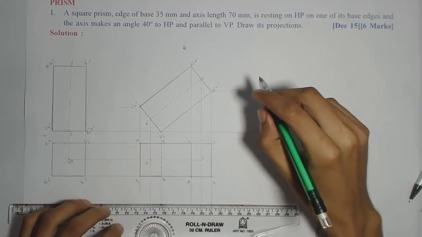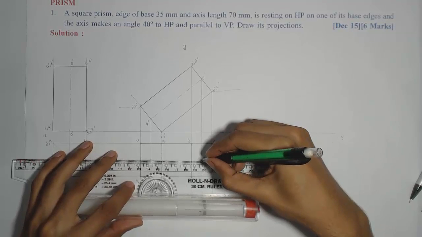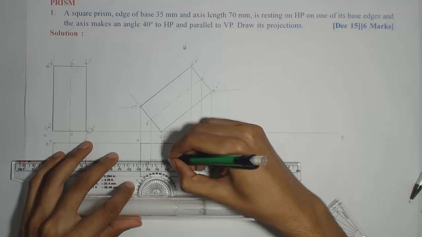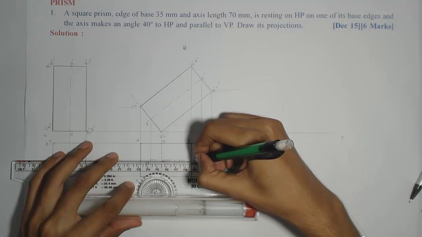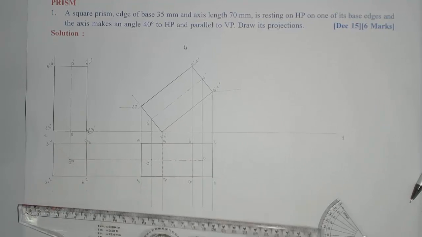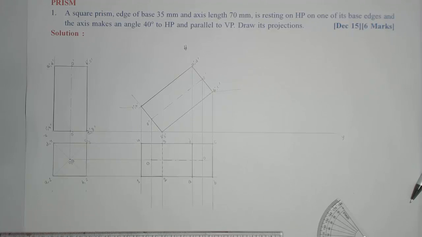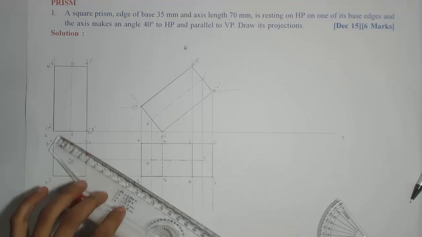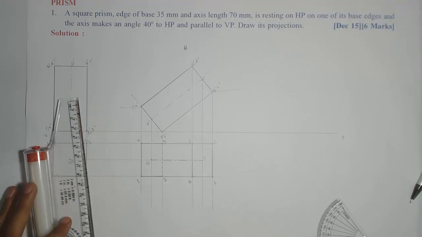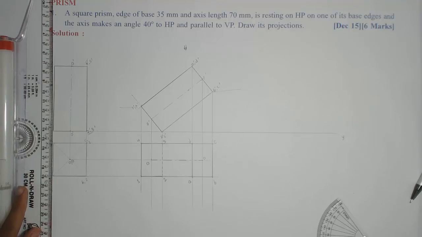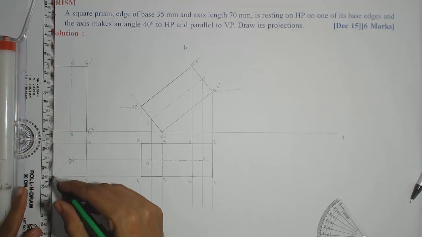Okay. Now I'll mark the axis by long dash short dash OO, and it should be a light line. Okay. Now this completes the solution. Now we have to show some dimensions and angles. As we know, this square base is of 35 mm size.